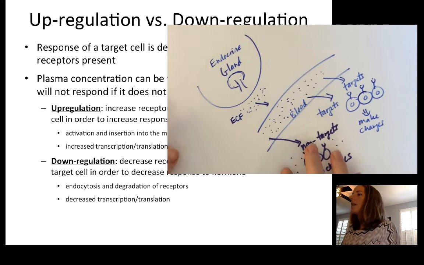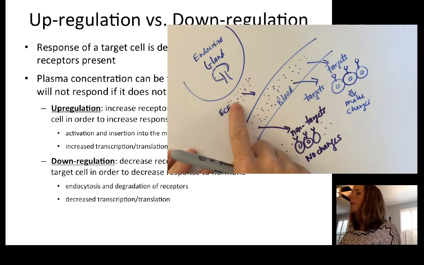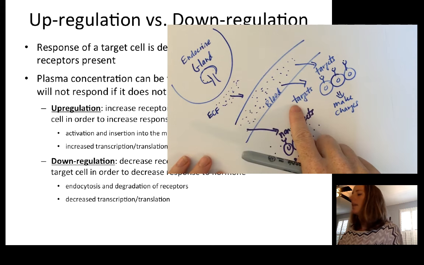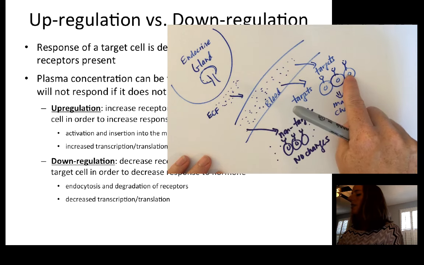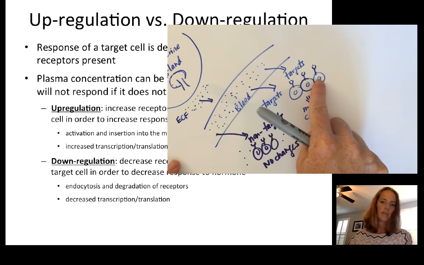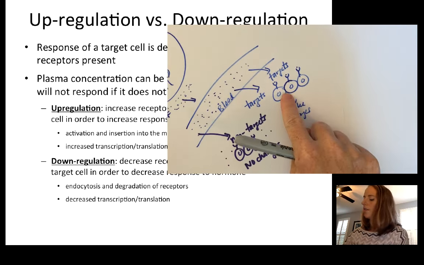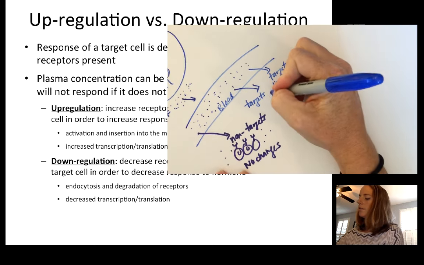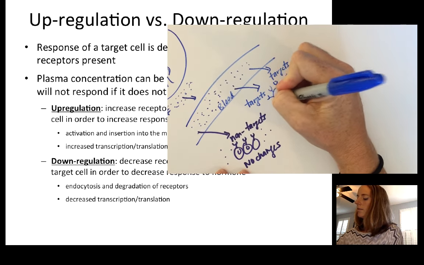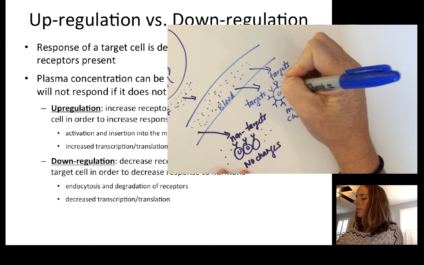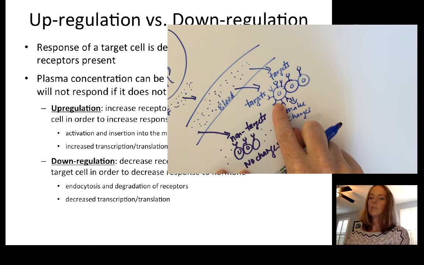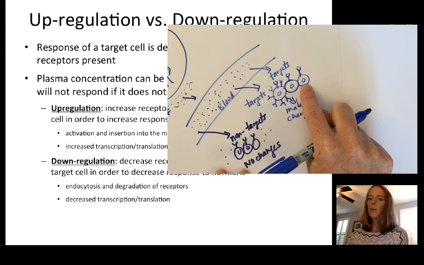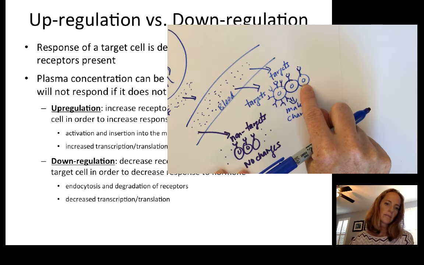Okay, so again, here's our previous drawing, right? You've got the hormone released, the hormone in the blood, and it's going to go to target cells. Now, some of these target cells will have a different level of receptors. So if I now draw a bunch of receptors on this cell compared to this cell, which one is going to respond more?